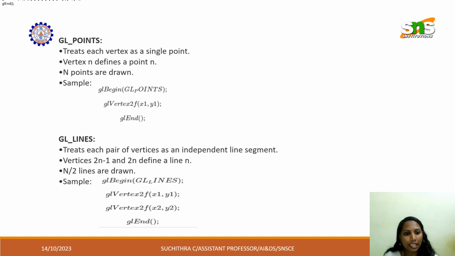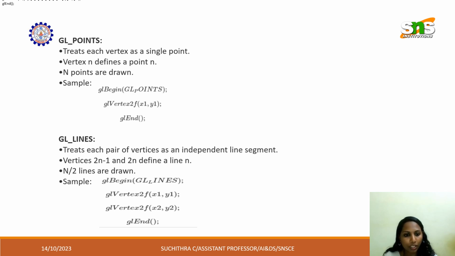Next one is GL_LINES. It treats each pair of vertices as an independent line segment. Vertices 2n minus 1 and 2n define line n, and N by 2 lines are drawn. The sample is glBegin(GL_LINES), glVertex2f(x, y), glVertex2f(x, y), glEnd. We are giving the 2D representation.